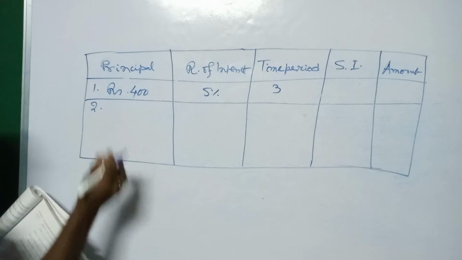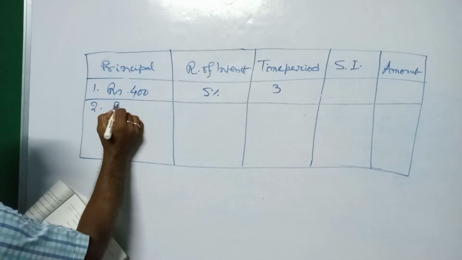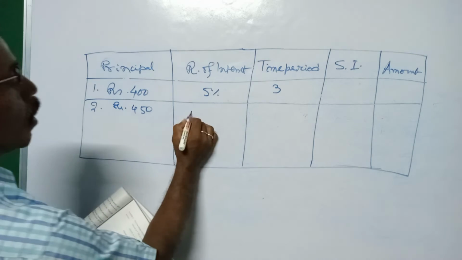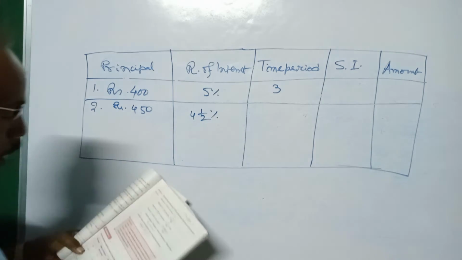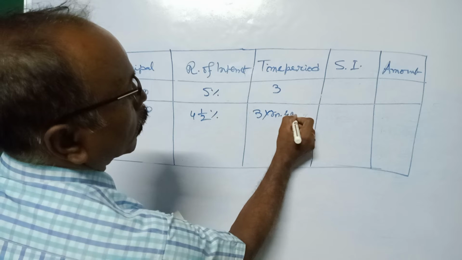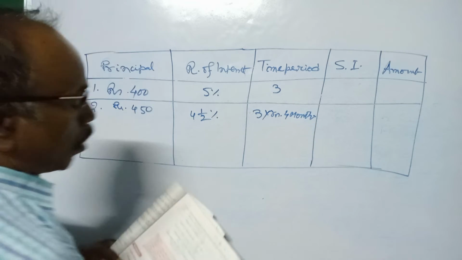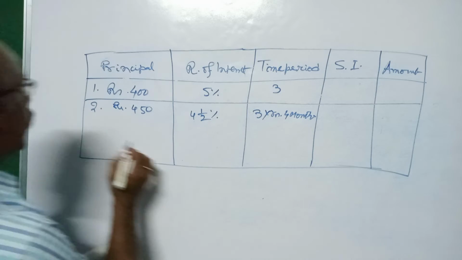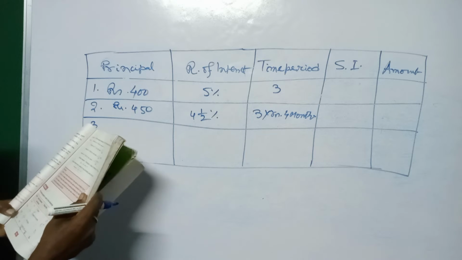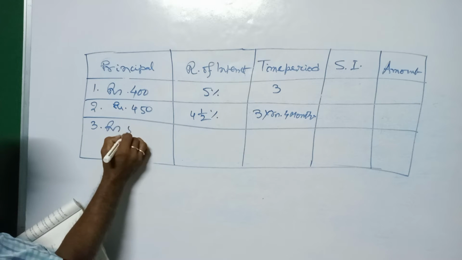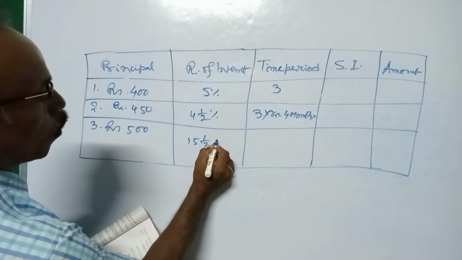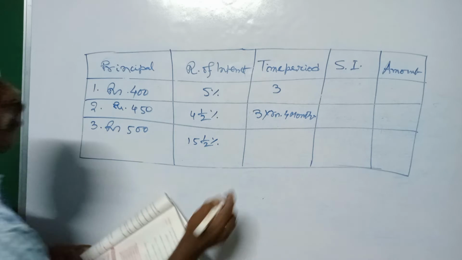Then next, rupees 450, rate of interest 4 whole 1 by 2%, 3 years 4 months. Next, rupees 500, rate of interest 15 whole 1 by 2%, 146 days.